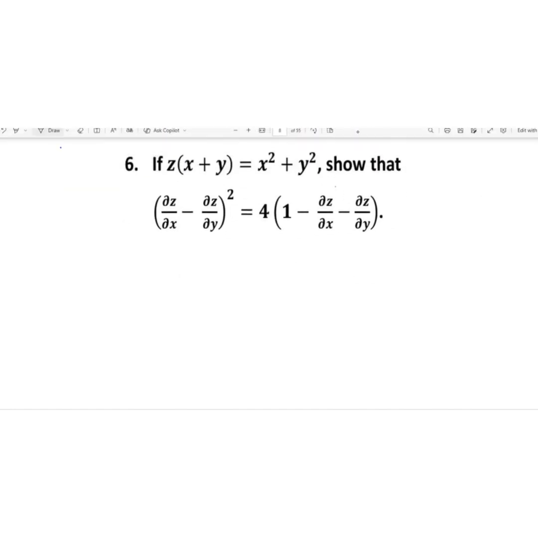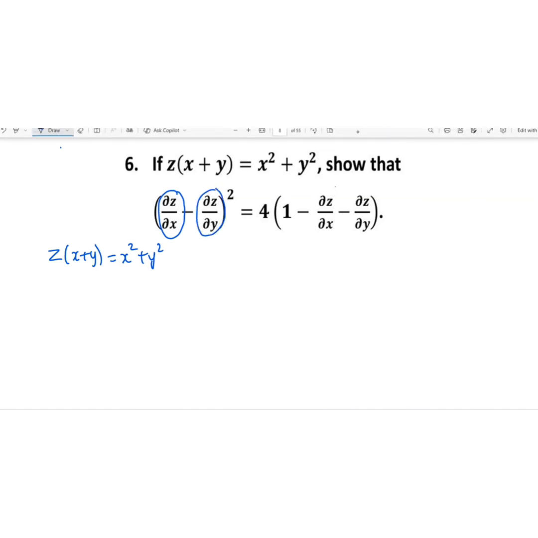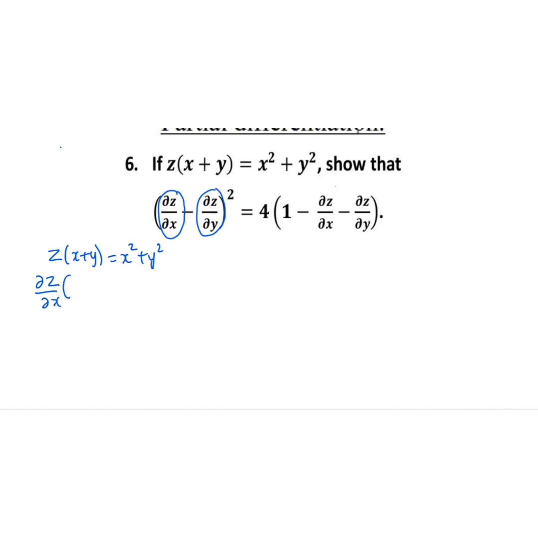So here they've given z into x plus y equals x square plus y square. So first we will prove this LHS. To prove LHS, we'll first find dou z by dou x and then we'll find dou z by dou y. So let me find dou z by dou x: we'll use the product rule, first term differentiation, second term as it is, then plus first term as it is and second term partial differentiation.